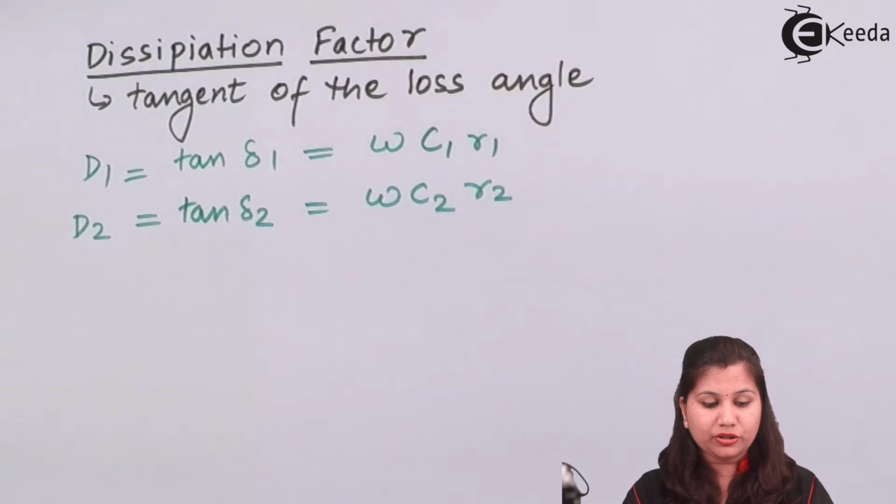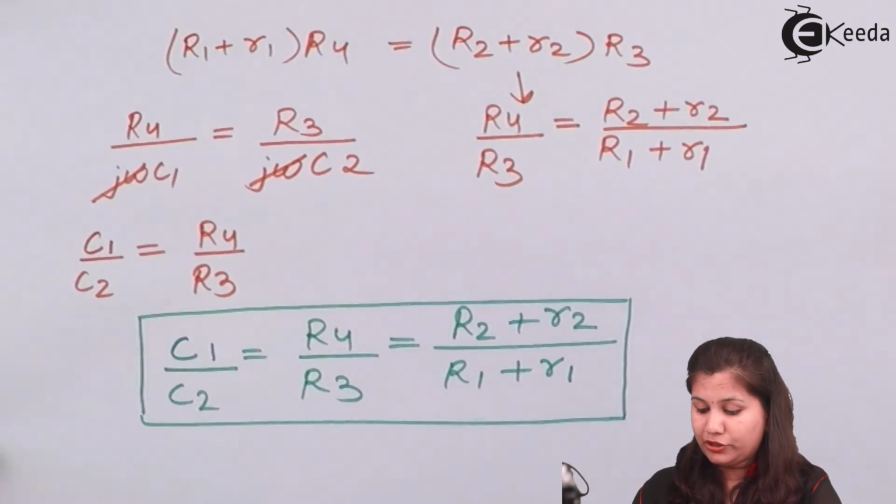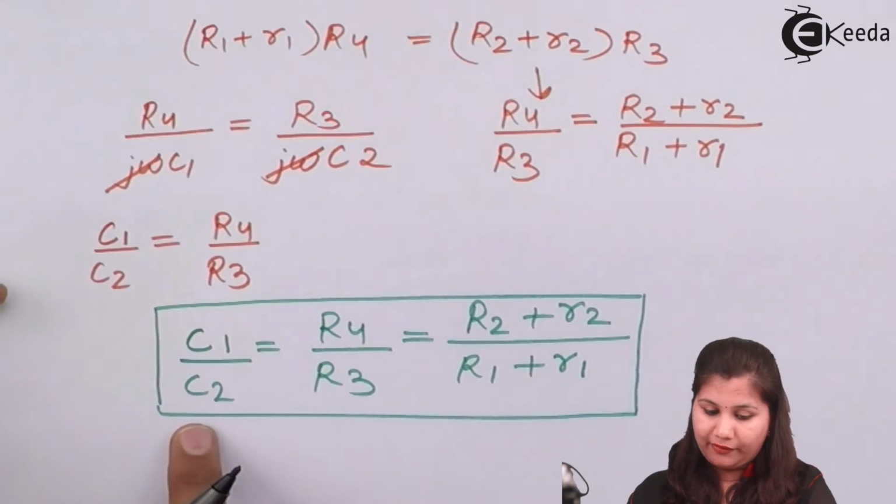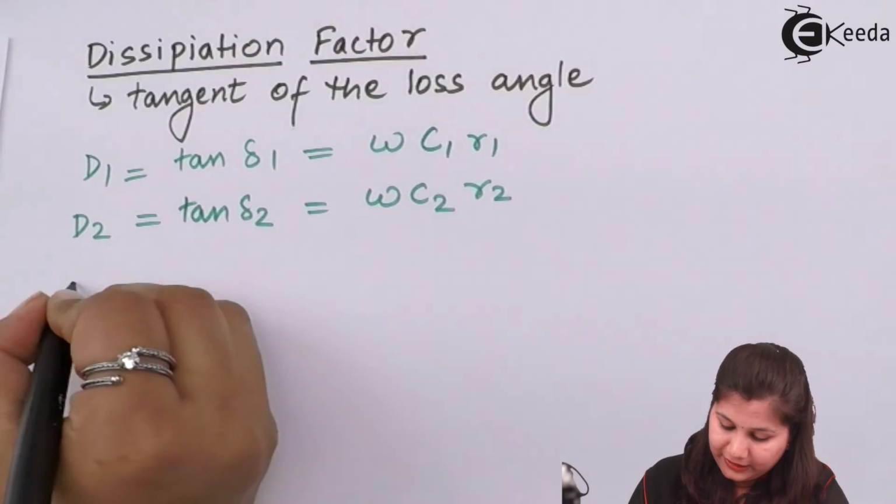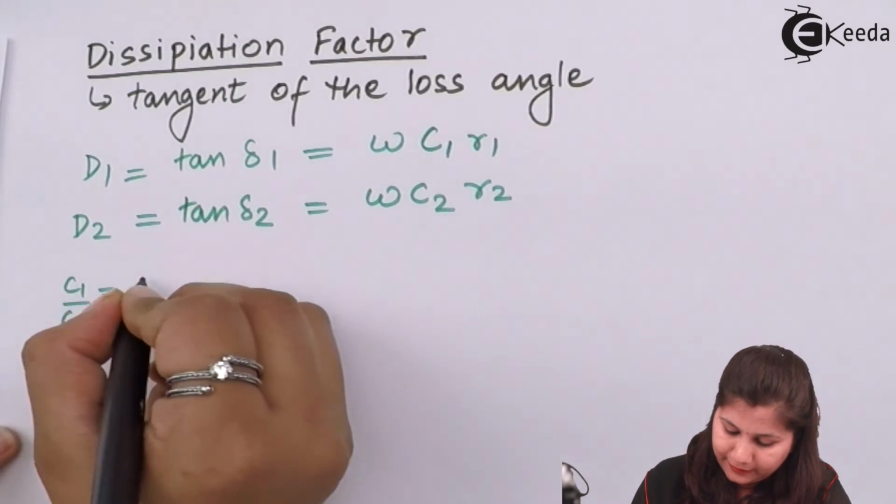Now from this equation for C1 and C2, we have got the value of C1 upon C2.